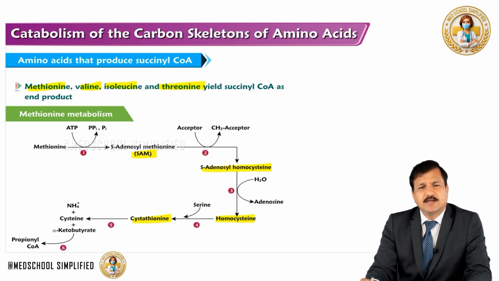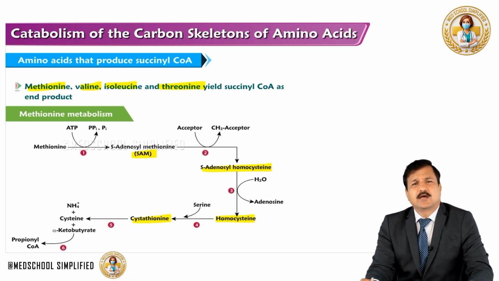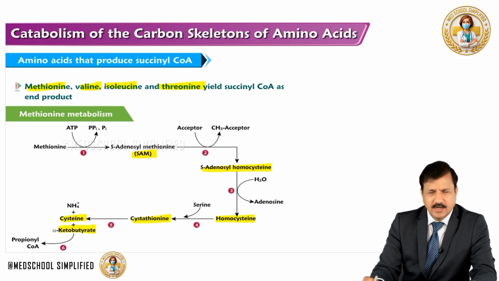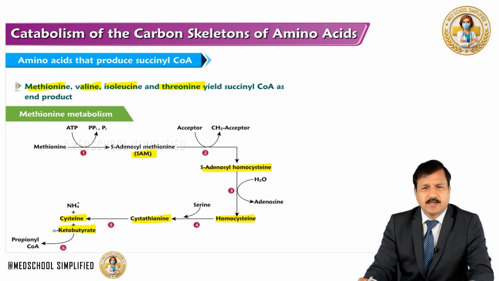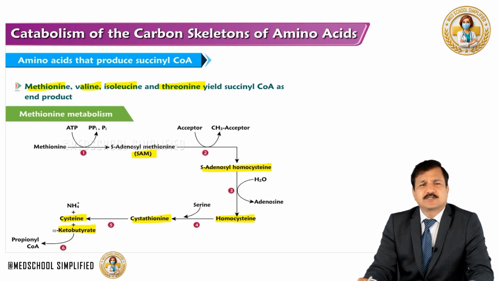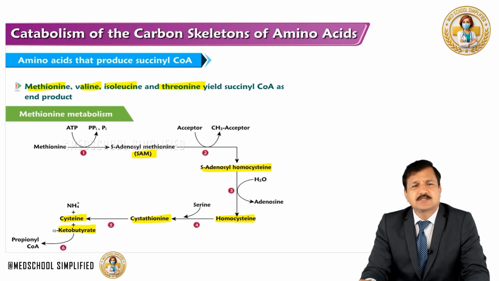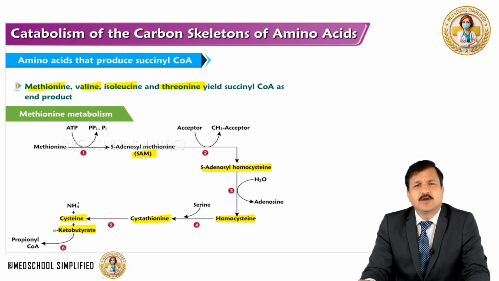Cystathionine is then converted into cysteine and alpha-ketobutyrate, with release of an ammonium ion. The sulfur present in methionine is given to cysteine, and the carbons of methionine go into alpha-ketobutyrate formation.